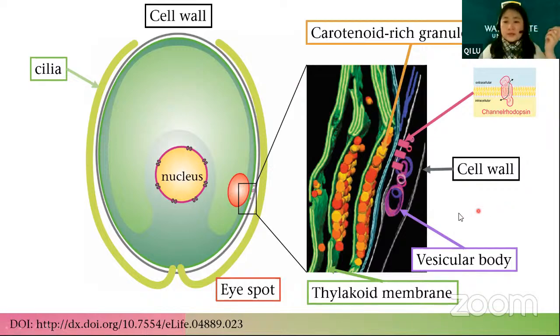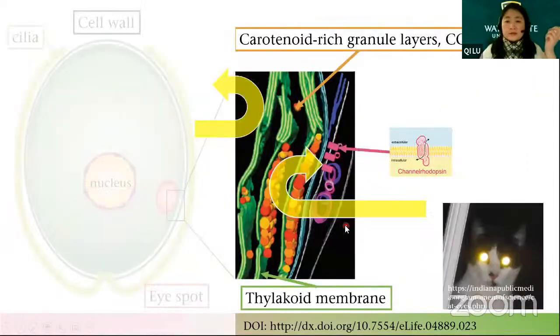The light coming through reaches this eye spot, then it will be reflected from this thylakoid membrane, which is labeled with the green color, and it will be reflected back to the plasma membrane. And there are channelrhodopsins located at the plasma membrane, labeled with blue.